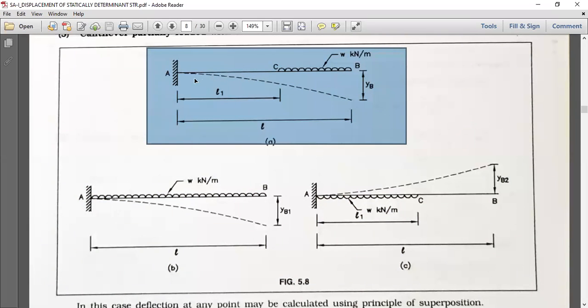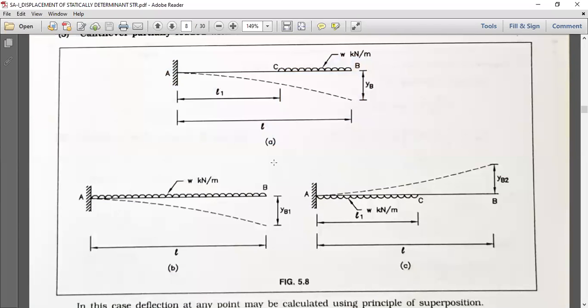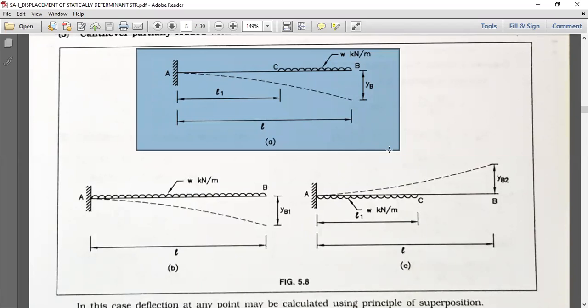So in that case, we assume the UDL all over and reduce the same amount of UDL from A to C level. That's why the equation we finally got is for these types of cantilever beam.